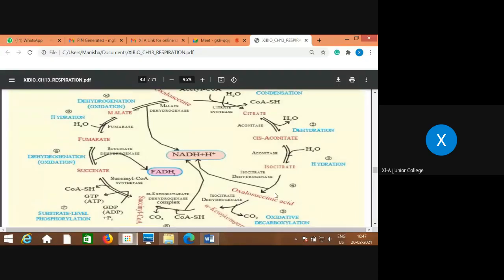So oxalosuccinic acid is produced from isocitrate or isocitric acid, and then decarboxylation takes place. Decarboxylation is what? Removal of carbon in the form of CO2. So when one carbon is removed, this 6-carbon compound will be converted into a 5-carbon compound.